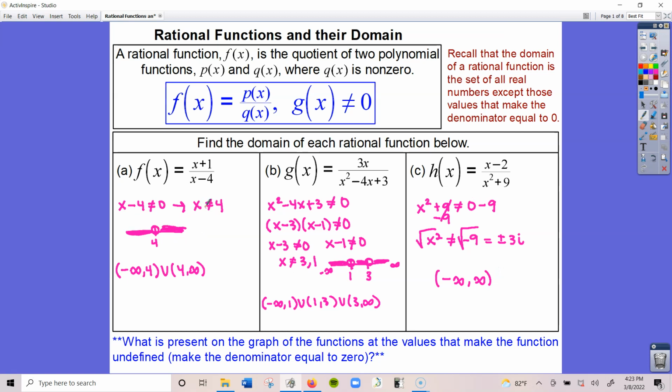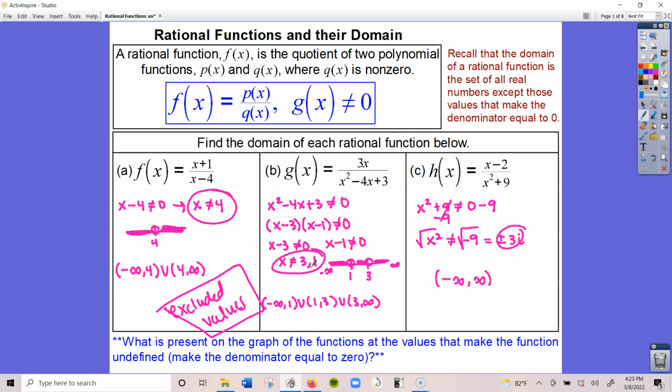These numbers that I just solved for, that x cannot equal, these are called excluded values. Your excluded values of a rational function are the x's that will give you 0 in the denominator.